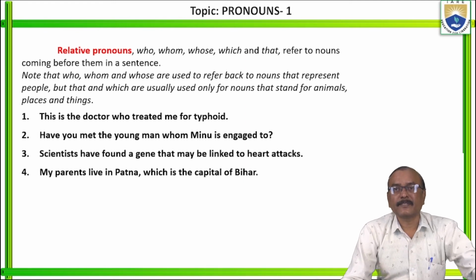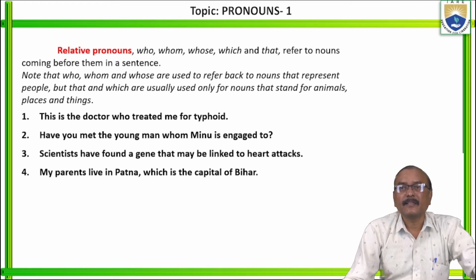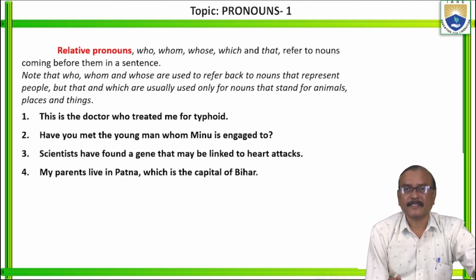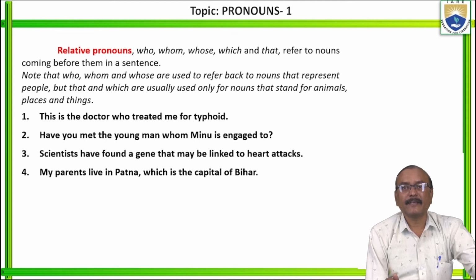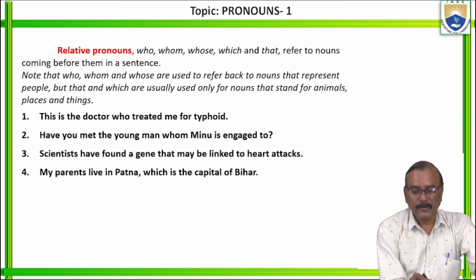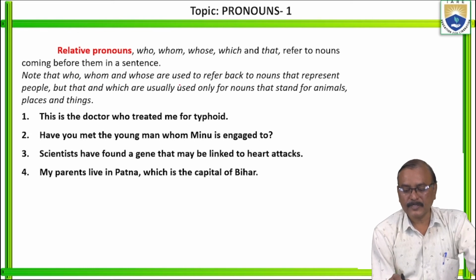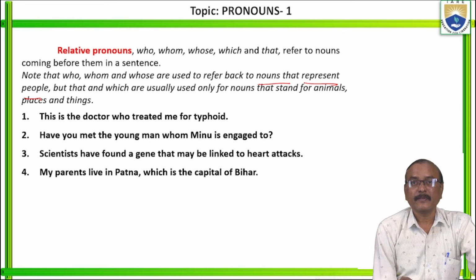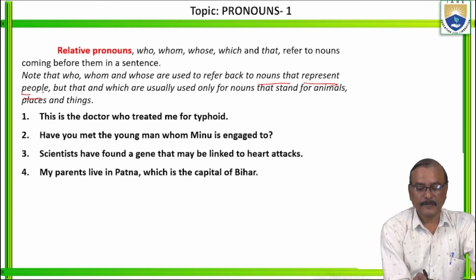Now relative pronouns. Who, whom, which, whose, that refer to nouns coming before them in a sentence. These are called relative pronouns. Note that who, whom, and whose are used to refer back to nouns that represent people.